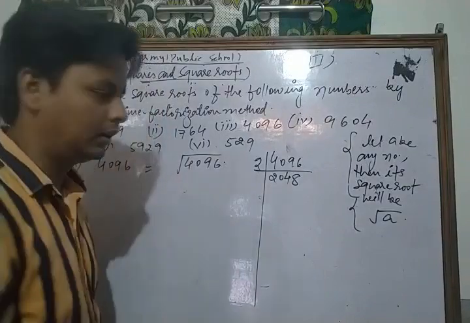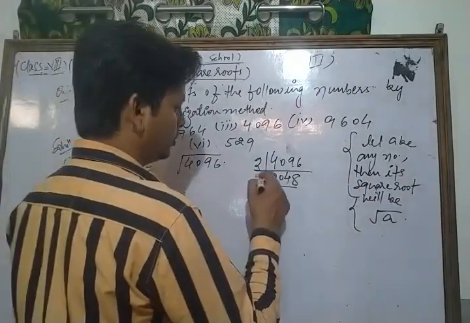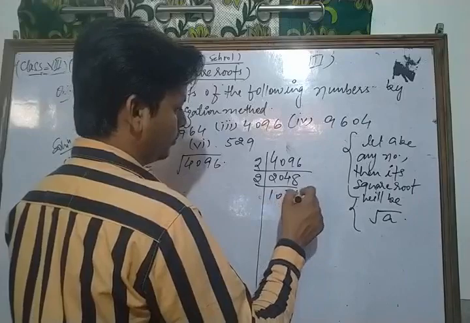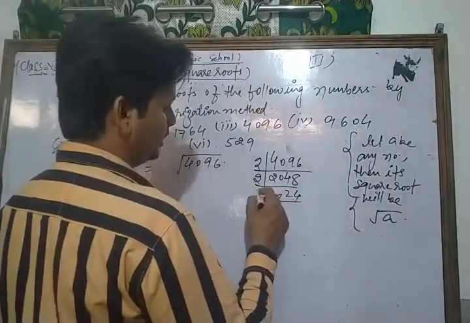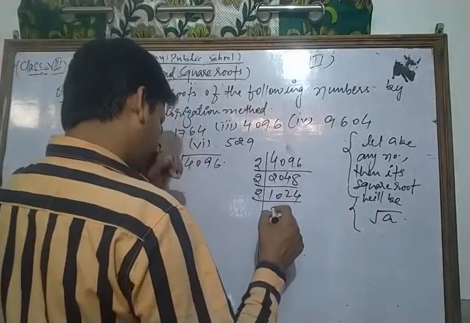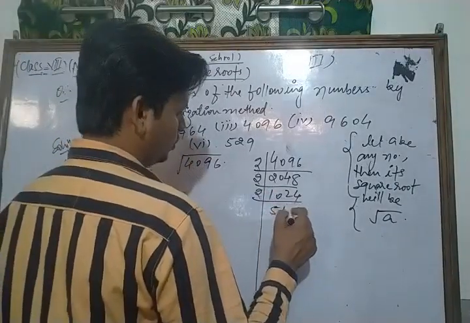2048 we can write. Now again by 2, 2 4s are 8. Again by 2, 2 5s are 10, 2 1s are 2, 2 2s are 4.